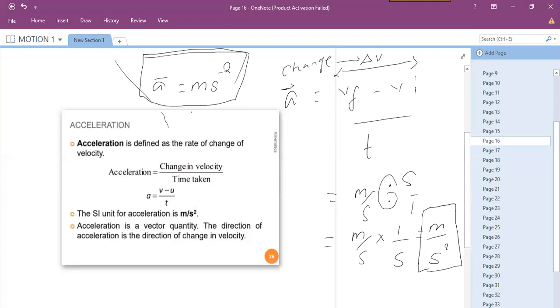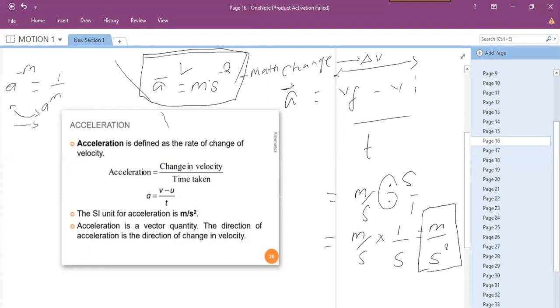So this notation here, meters per second squared, comes from mathematics. I'll teach you vectors so that you can understand that if you have a negative index, you can make it a positive index by making it a fraction over 1 and vice versa. But anyway, for now, I just want you to know that the SI unit for acceleration is meters per second squared.